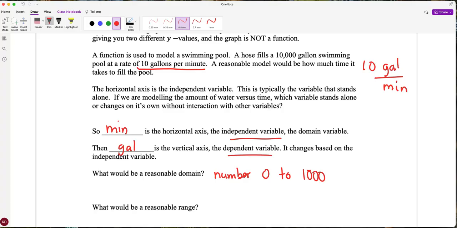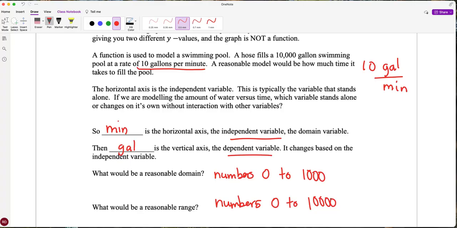Okay. Now, what is a reasonable range? Range is referring to what in this problem? Gallons. The gallons are going to be numbers between what? 0 and 10,000. So numbers 0 to 10,000.